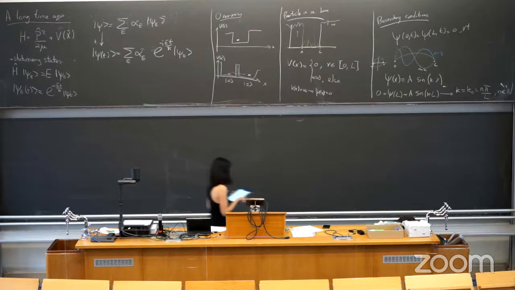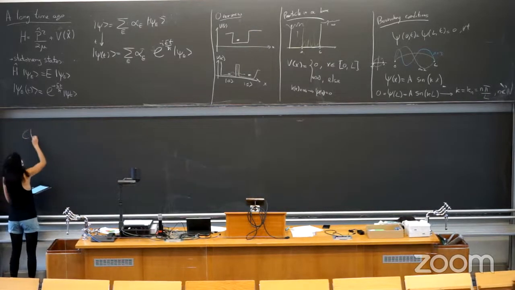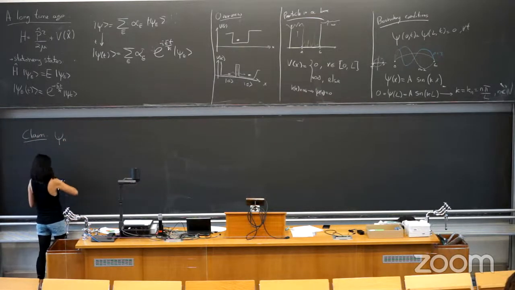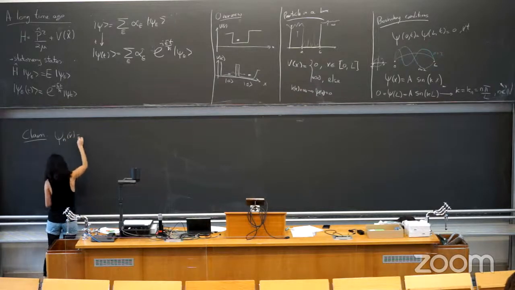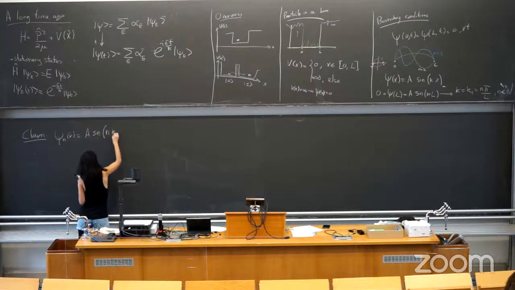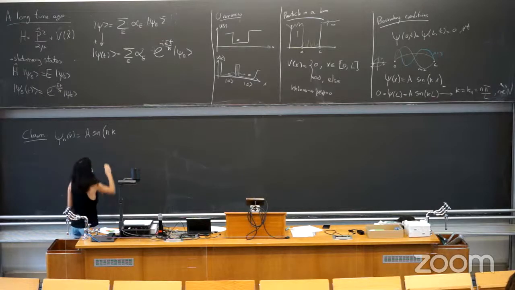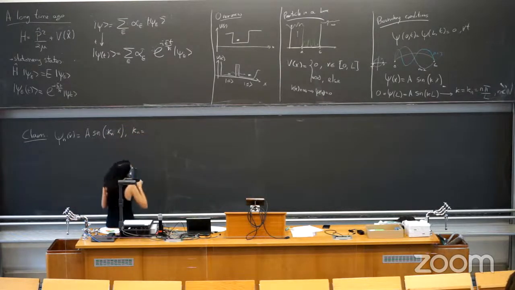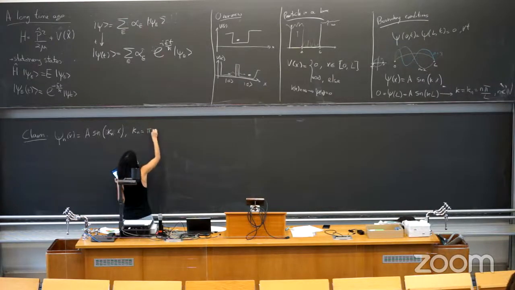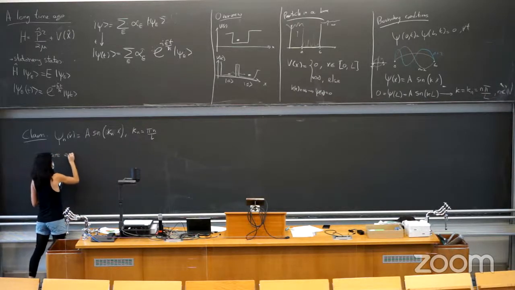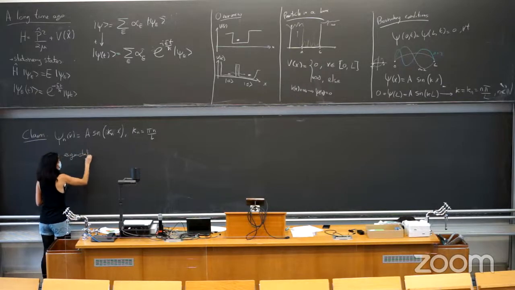So the claim is that psi n of x, I'll just write here k n, with k n equal to pi n over L. So the claim is that these wave functions are eigenstates of our Hamiltonian.